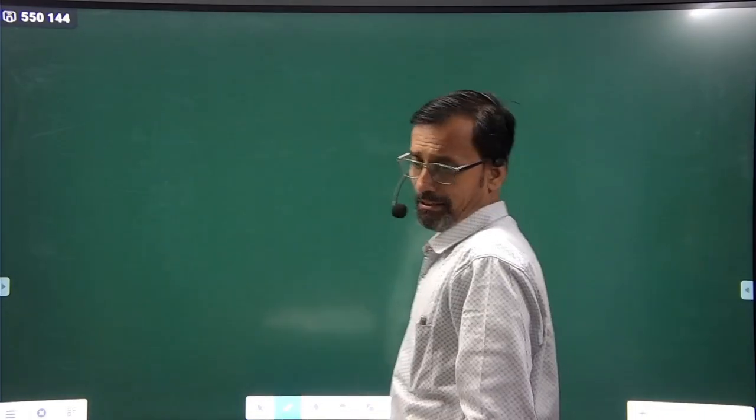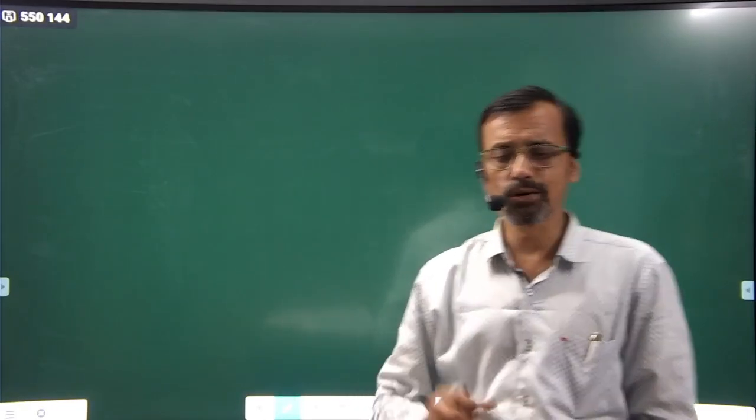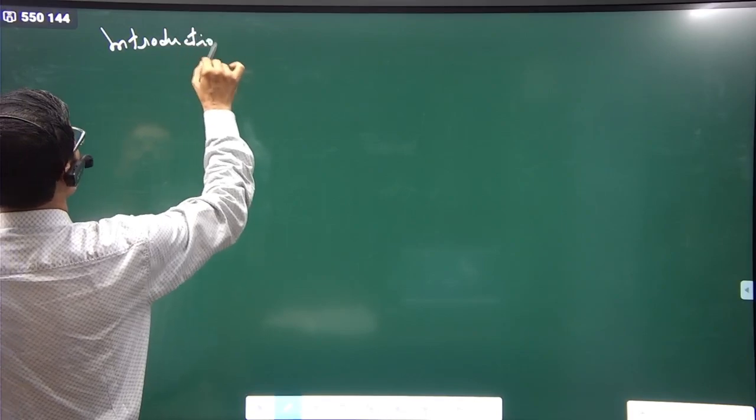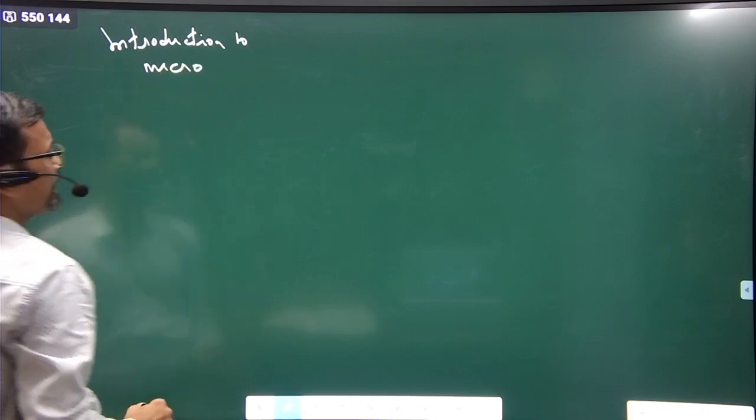There are 3 major areas from which questions are coming. The first area is elementary micro, or introduction to microeconomics. This is one area.